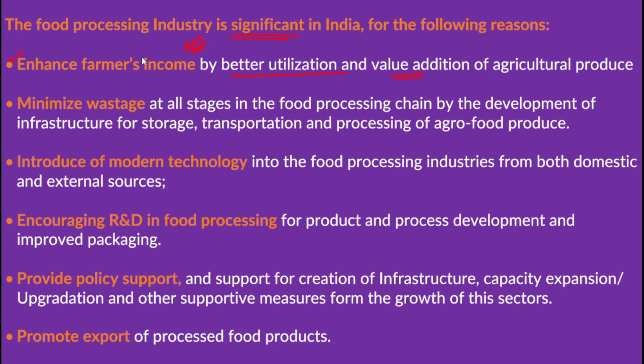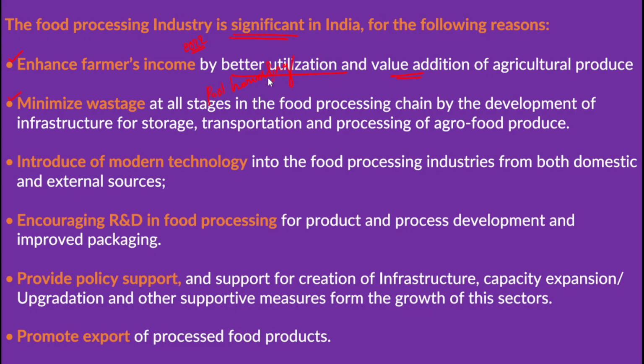Now after that, we need to talk about the minimization of the wastage. In India, post-harvest losses are one of the major challenges that we are facing. Because of the post-harvest losses, farmers are also facing huge losses in agriculture.